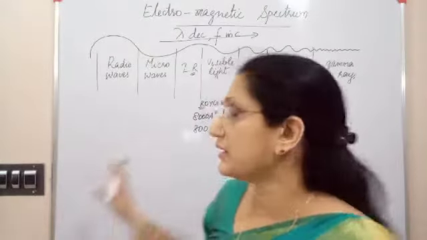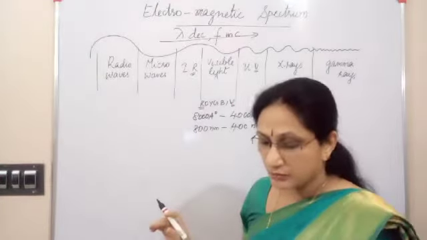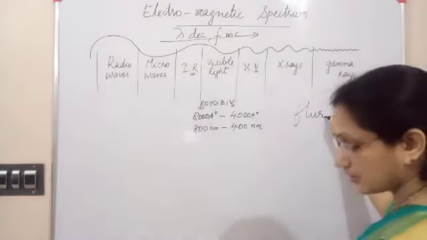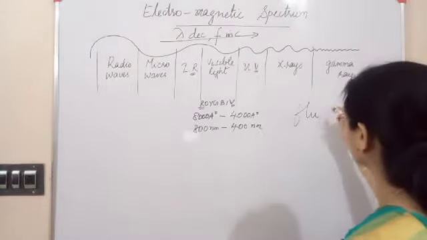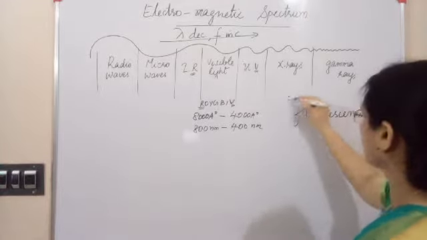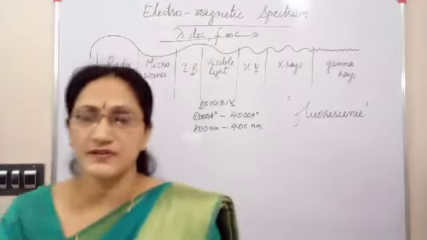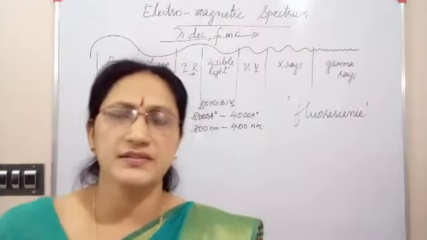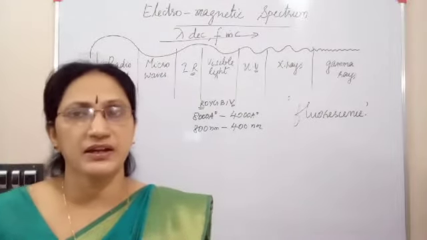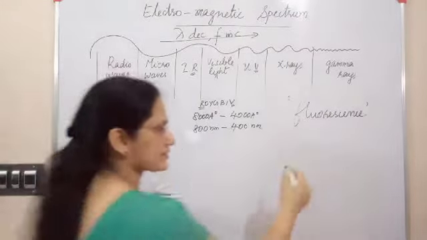And gamma radiations can cause fluorescence, a phenomenon called fluorescence. It is shown by certain chemicals like zinc sulfide and barium platinocyanide.